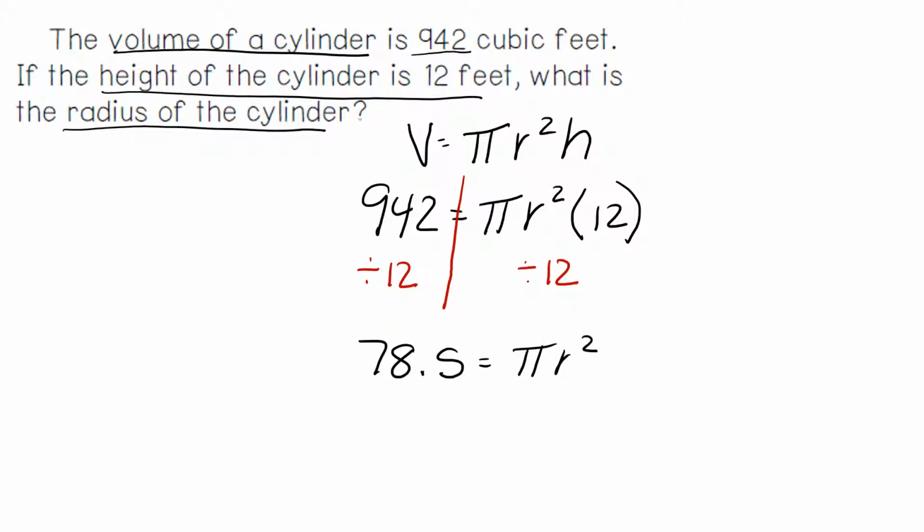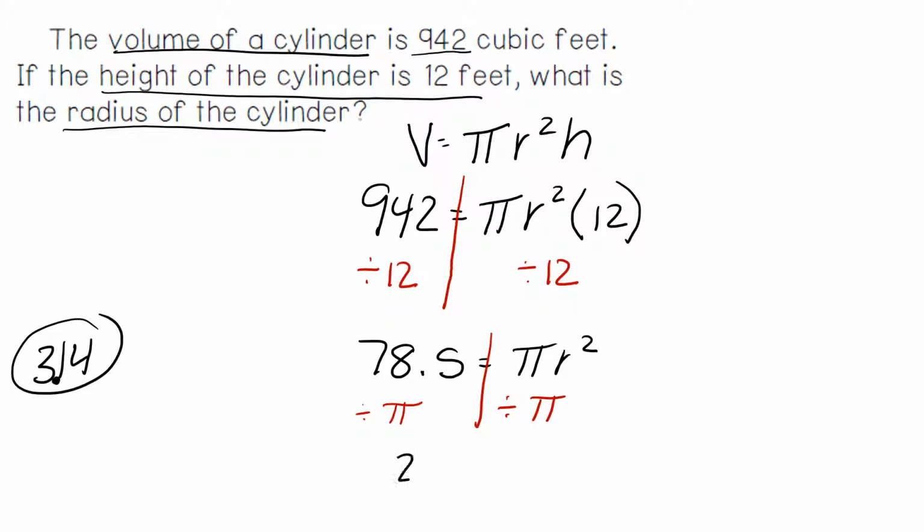We can also go ahead and divide by pi, because we always multiply by pi at the end. If we use the 3.14 value for pi, when we divide 78.5 divided by 3.14, we get an answer of 25.